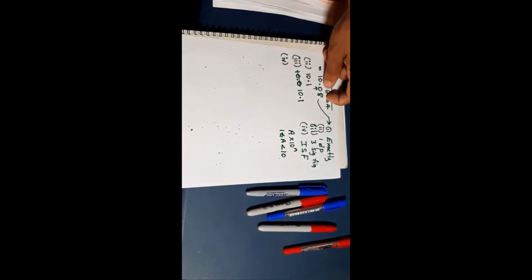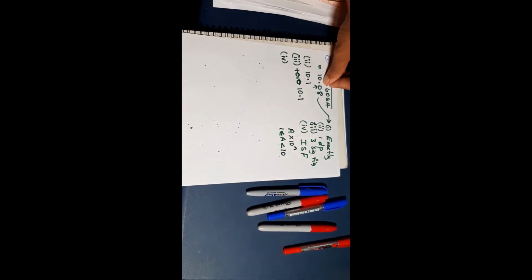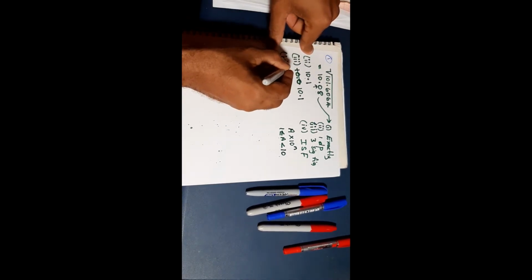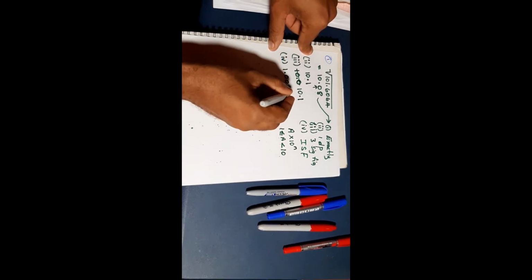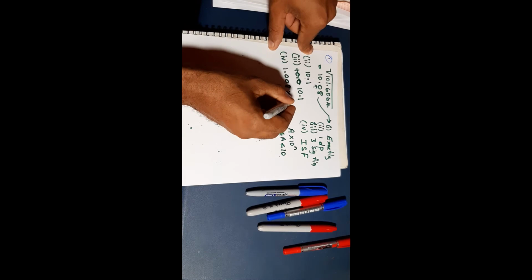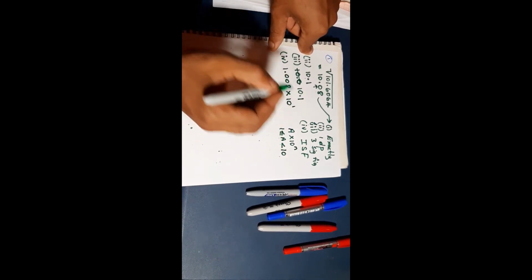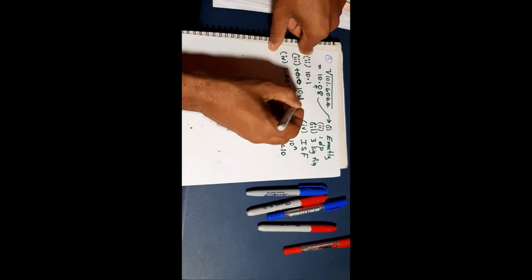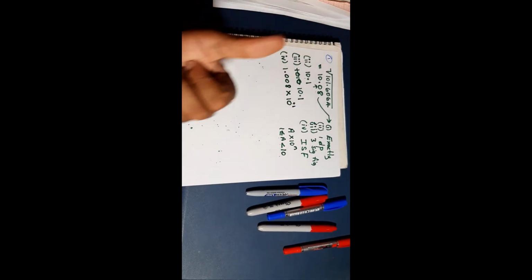So 10.08 is actually greater than 10, so that means I'm going to have to move the decimal point to the left. So I'm going to have 1.008 times 10 to the, how many times did I move the decimal point? 1 time. Which direction? Positive direction. The left means to the positive direction.